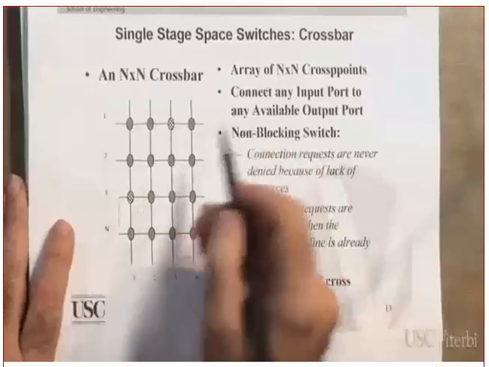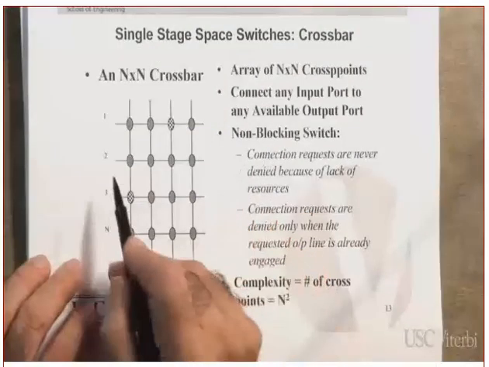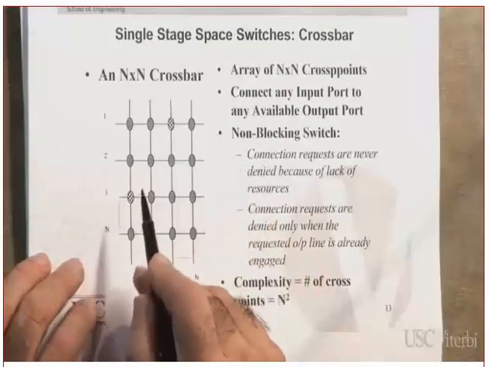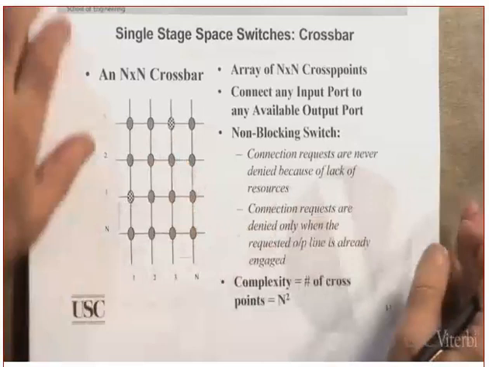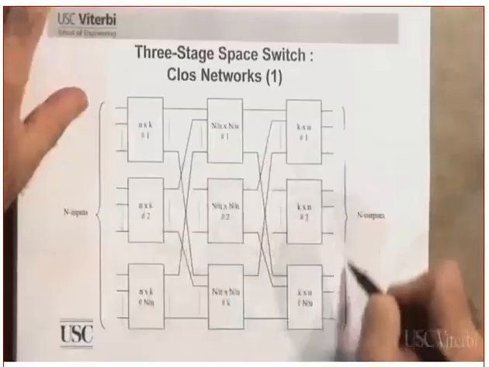Then we looked at a 3-stage switch. It's still an N by N, input and output. But instead of building a single stage where we have only one path from an incoming port to any outgoing port, which means if this cross point fails, then 1 to 3 will not be able to connect with each other, in here we designed the network into multiple stages. These 3 stages are space switches.